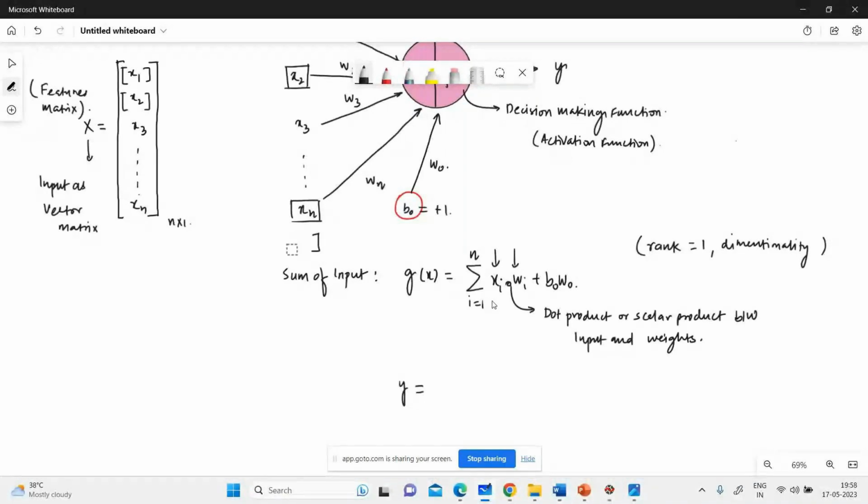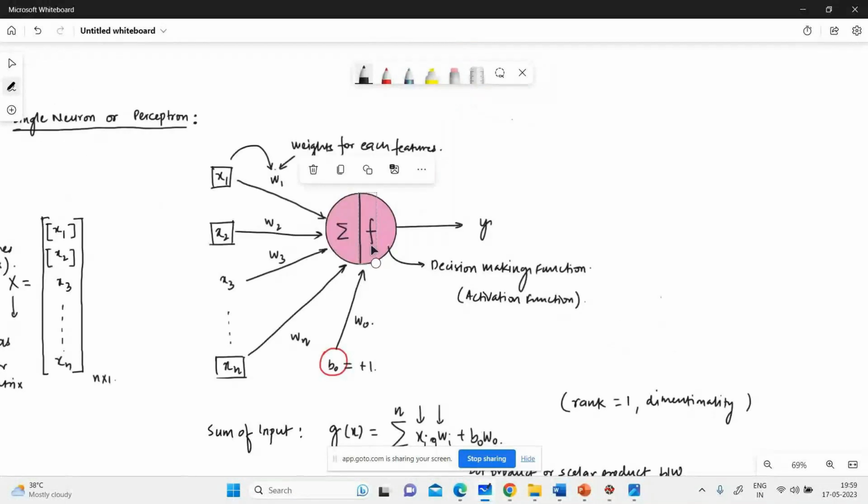What about y? Y will be a single individual value. Remember that no matter how many inputs there are, the output will be only a single output. And this will depend upon two things: the sum value and the type of function that you are using here. So y equals f of g of x.